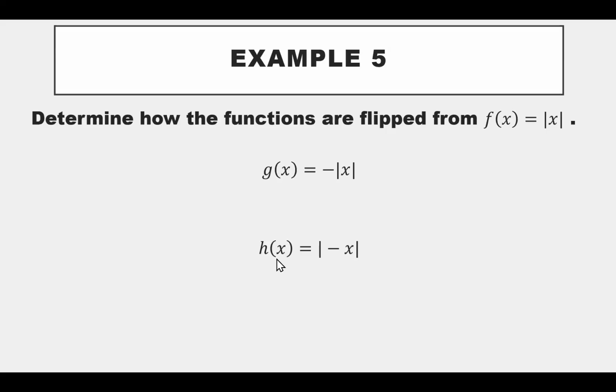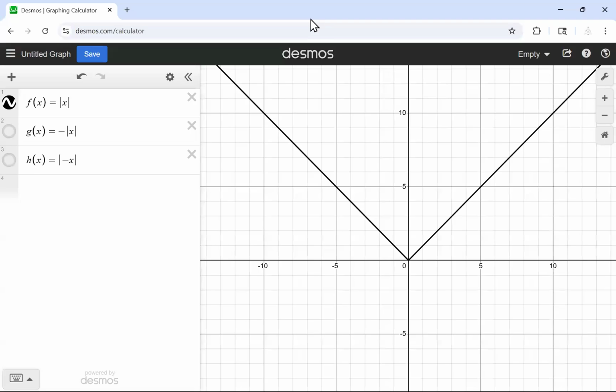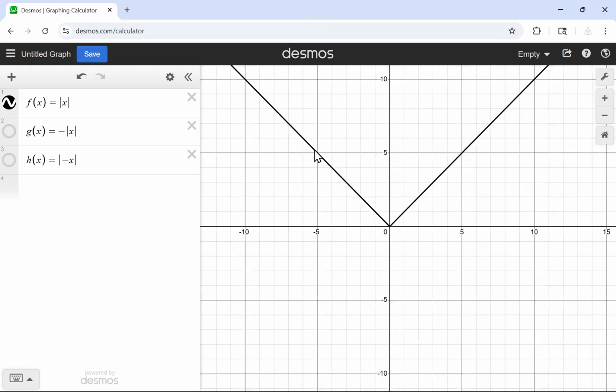Now, an interesting thing happens with h of x. Let me show you that. My base absolute value looks like this. Now, if I flip across the x-axis, that's what we did with g of x.